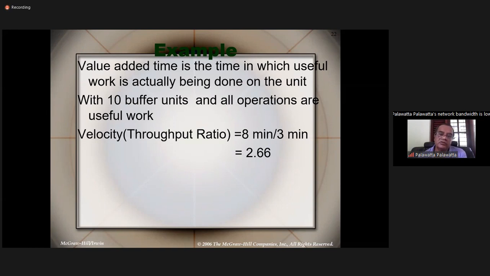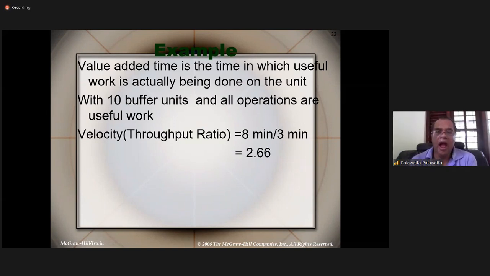So velocity you get 2.66. Actually, velocity equals throughput time divided by value added time. The best velocity is when there are no delays or buffers, so throughput time equals value added time, and velocity will be 1.